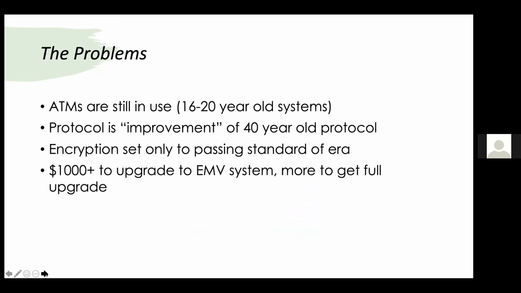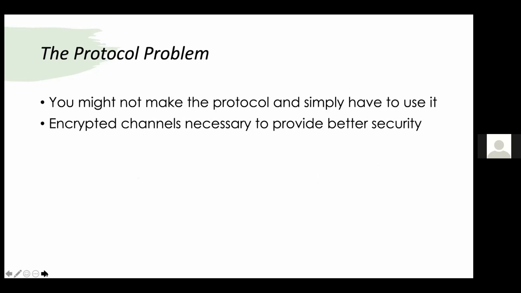The protocol is much older than that, and the encryption was adequate at the time, but at this point, triple DES is just not even acceptable. Yet we still use it for our payment systems. They do offer upgrades, but it's over $1,000 to upgrade the payment system to EMV, which is chip and PIN, and it then possibly supports Ethernet and a few other things like that.